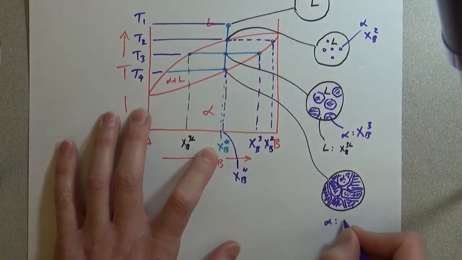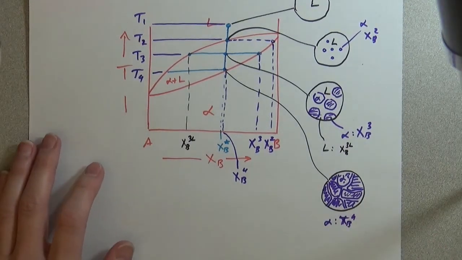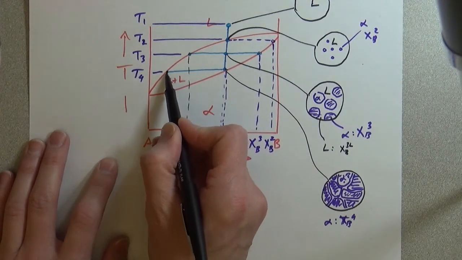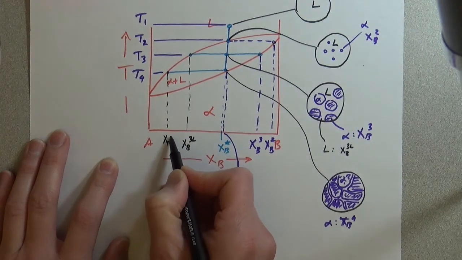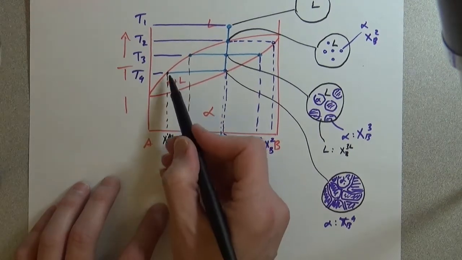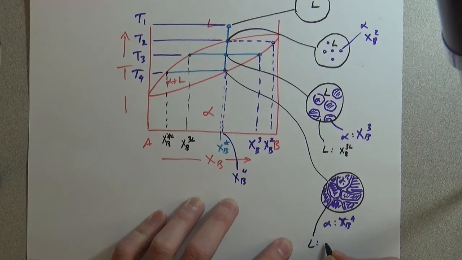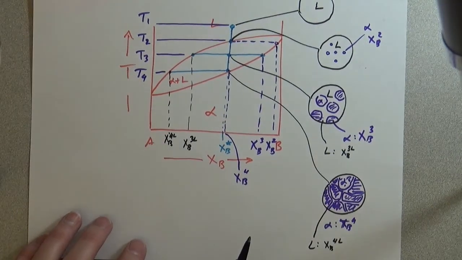So alpha XB4, and the liquid is going to have composition defined here, XB4L. So liquid XB4L. So it's fairly A-rich.